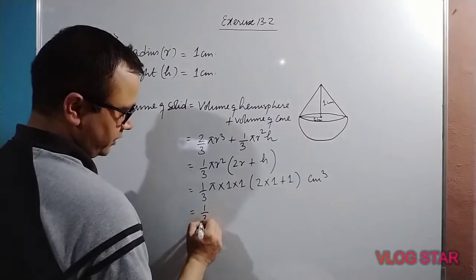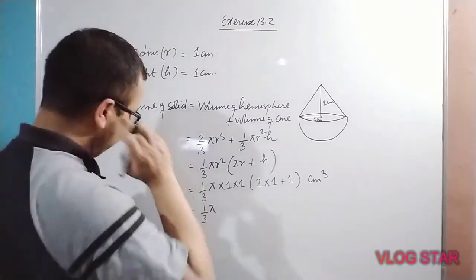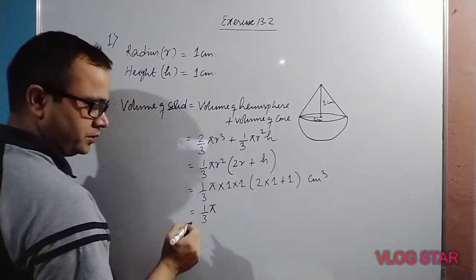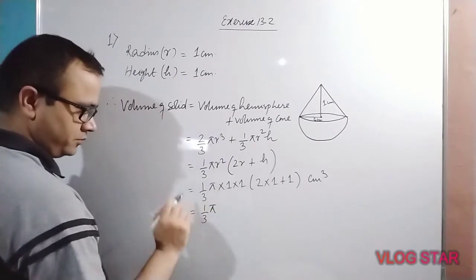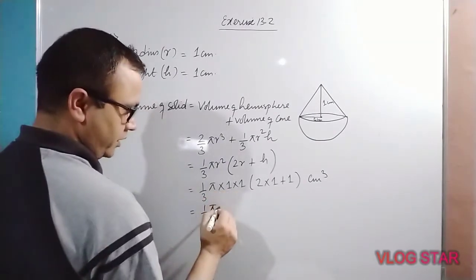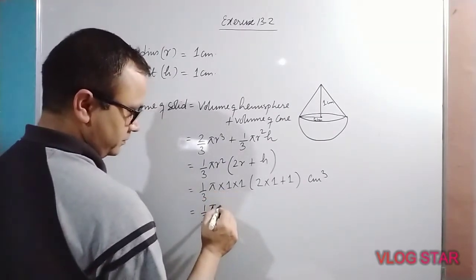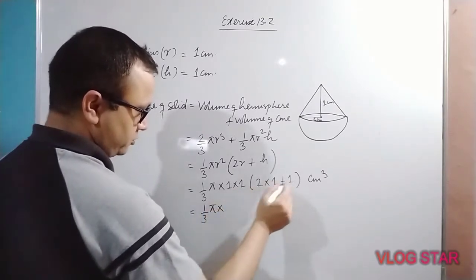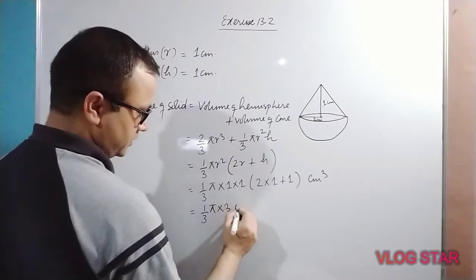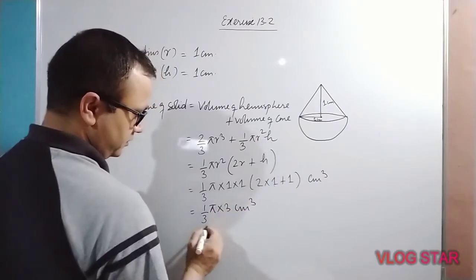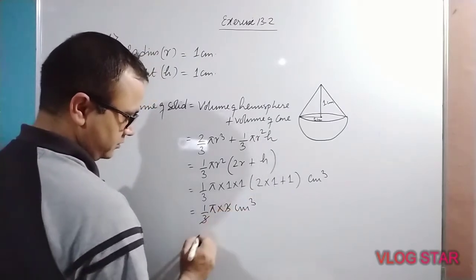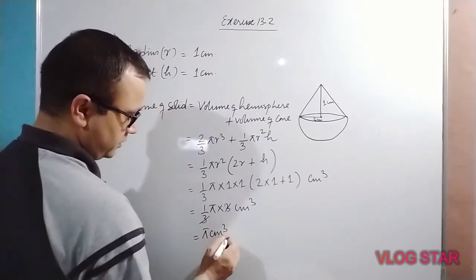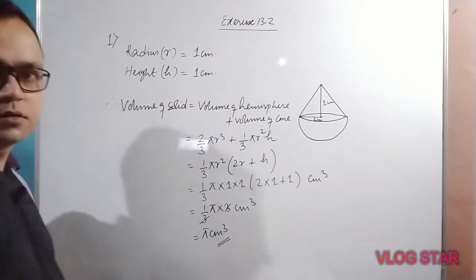We don't need to put the value of pi because we need the answer in terms of pi. So 1 into 1 is 1, into 2 plus 1 is 3, centimeter cube. The 3 cancels, so the answer is pi centimeter cube. This is the solution of question number 1.